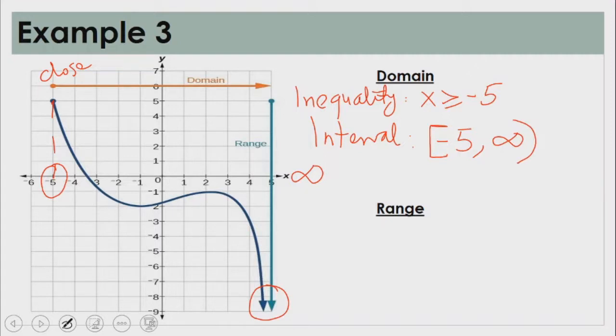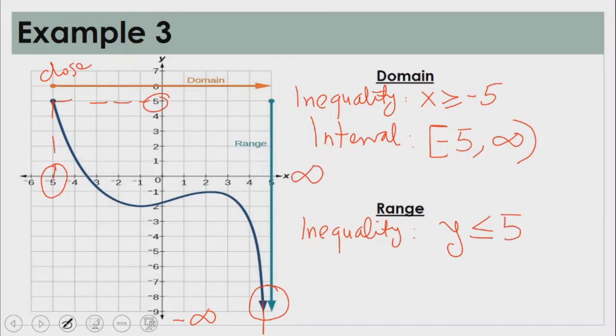For the range, the maximum point is at +5 because of this. The minimum point of the range, because this continues going, is going to be -infinity. So the inequality notation for the range is y less than or equal to +5, because the maximum value is 5 and it keeps decreasing continuously until -infinity.